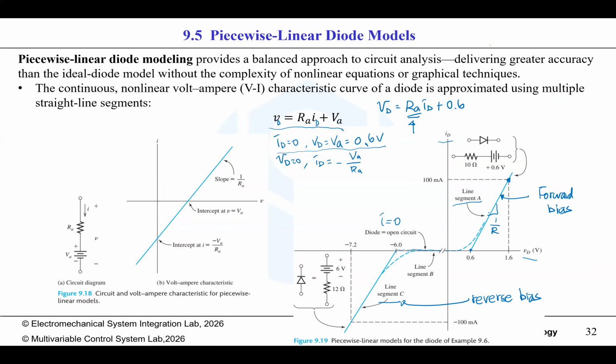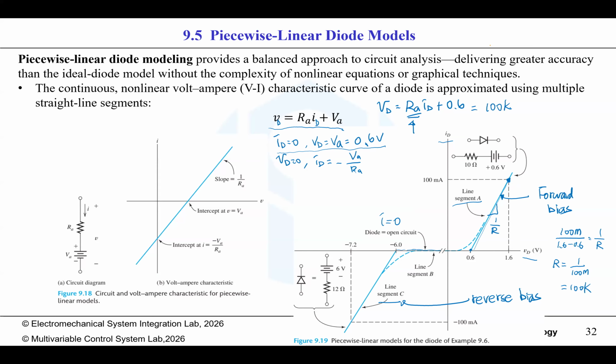And RA here, we can calculate. This is the slope. The slope is 100 amp divided by 1.6 minus 0.6. It should be 1 over R. So R should be 1 divided by 100 m. So it should be 100K.